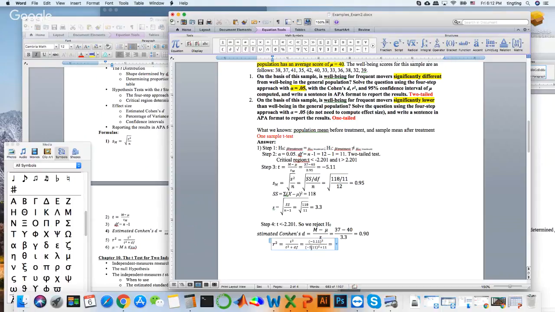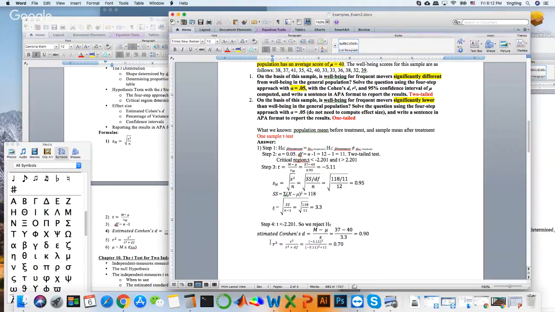And then use calculator, we know it is about 0.70. Okay, we finish this one.